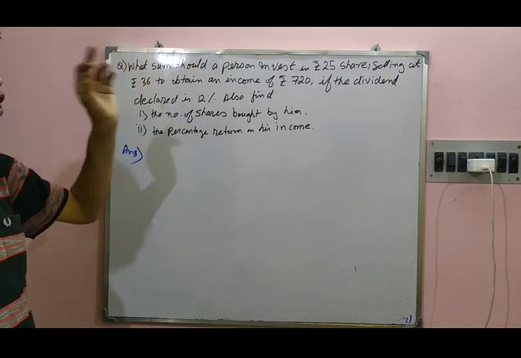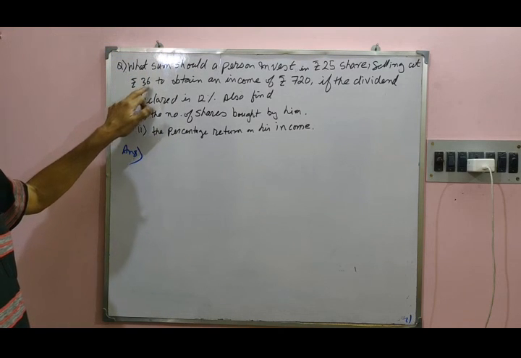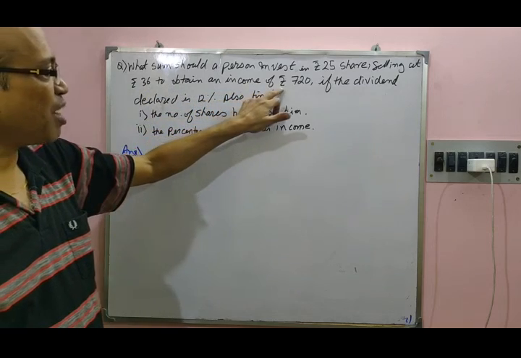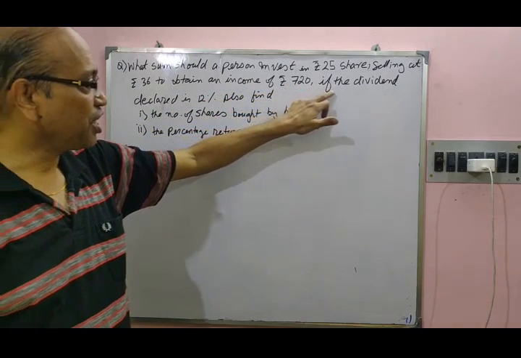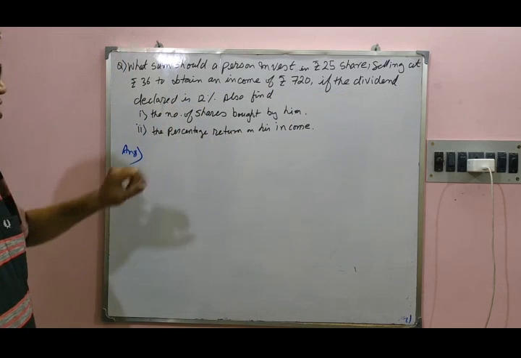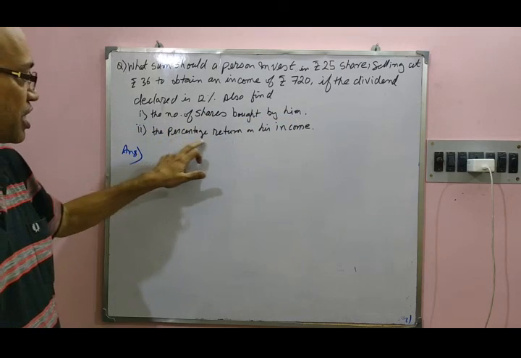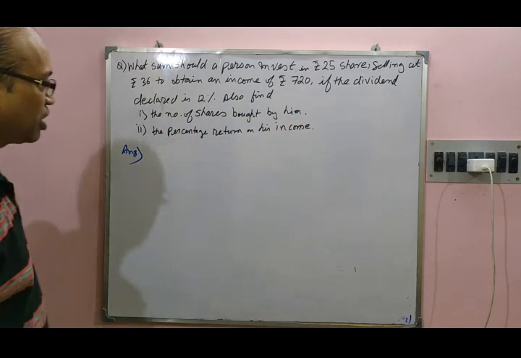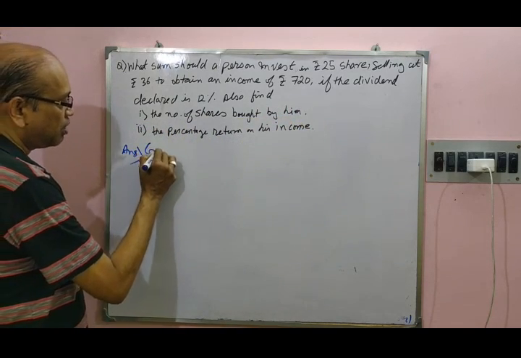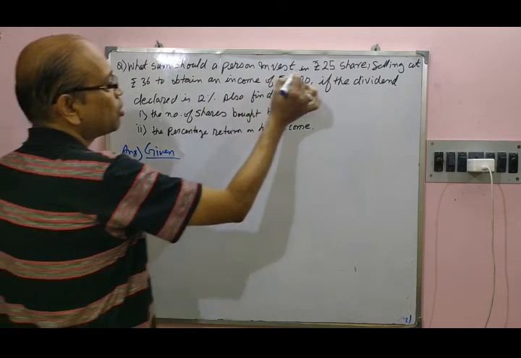What sum should a person invest in rupees 25 share selling at rupees 36 to obtain an income of rupees 720 if the dividend declared is 12%? Also find the number of shares bought by him, the percentage return on his income. So again, what is given?